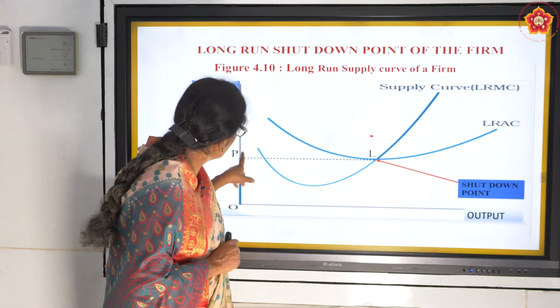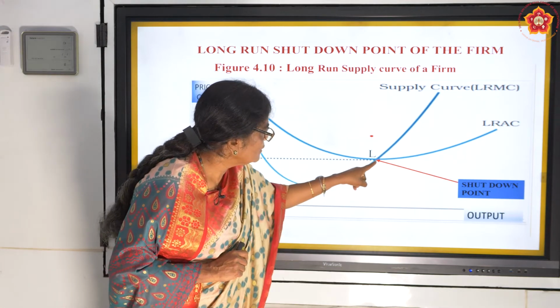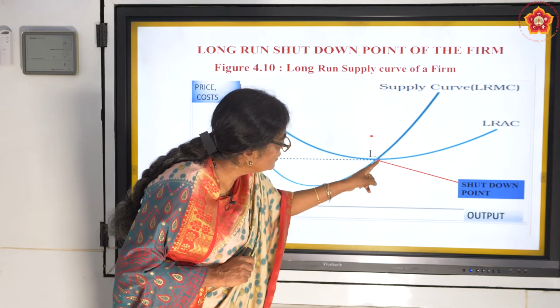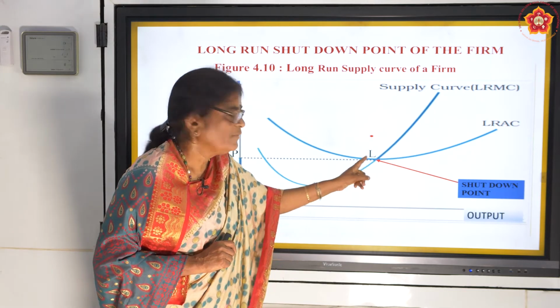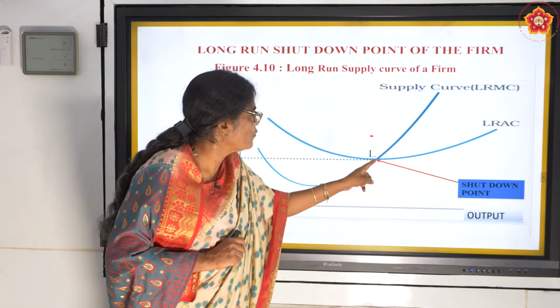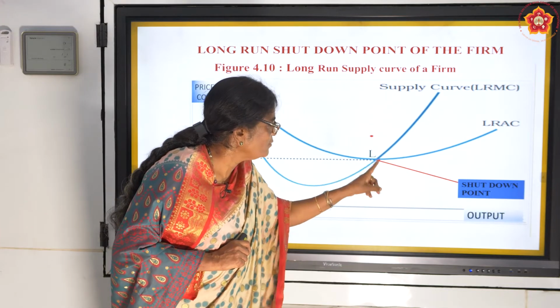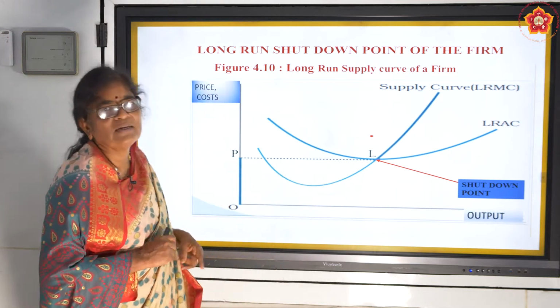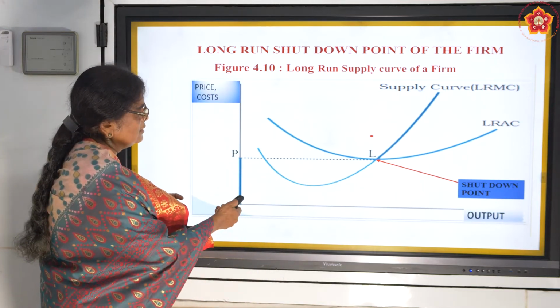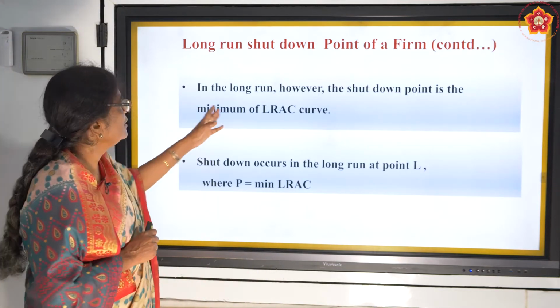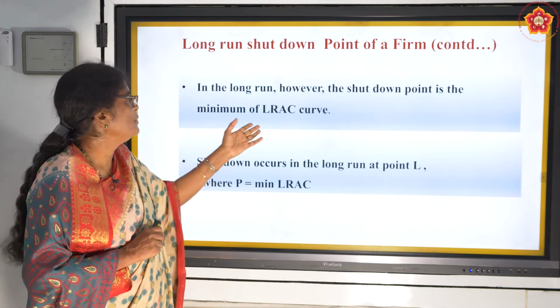When you extend the price line, it intersects the minimum LRAC point, where the LRMC curve also intersects the LRAC curve from below. That point is called the shutdown point. This is called the long run shutdown point. In the long run, the shutdown point is the minimum of LRAC.